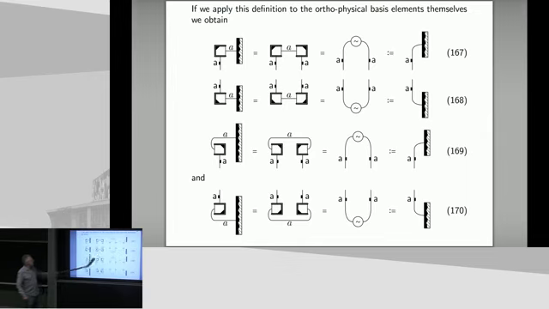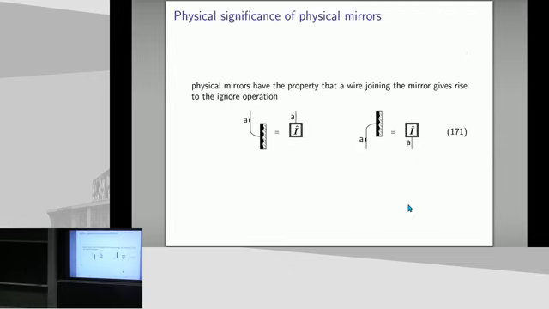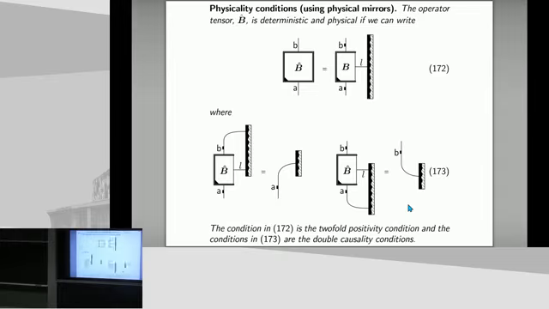This too. Okay. And so you can give the physicality conditions for an operator tensor in terms of these physical mirrors. So one condition is that that's true, and that guarantees positivity.